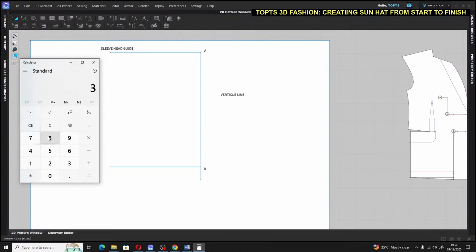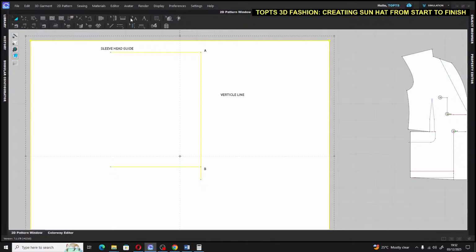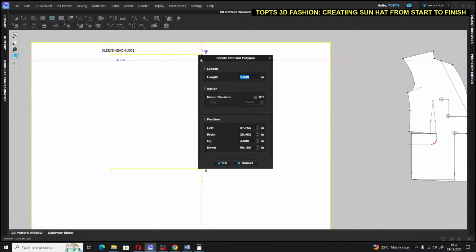So we are getting cap height. I repeat, cap height. We are getting 38 divided by 16. That's the chest measurement, 38 divided by 16, giving us 2.375. So from A to C, we are marking downwards the cap height, 2.375.